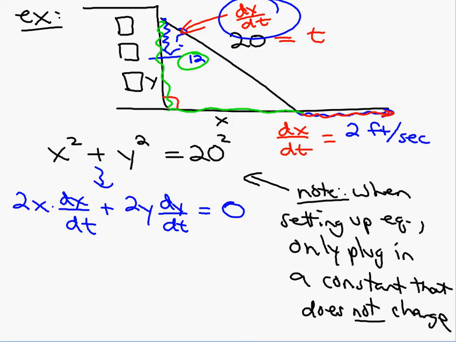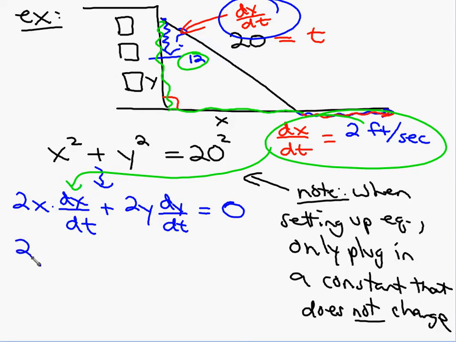But wait, I have some information. Don't I know what dx/dt is? So I can put dx/dt into this, and that will help a little bit. So I know that 2x times 2 plus 2y dy/dt, already this thing looks a little bit better.